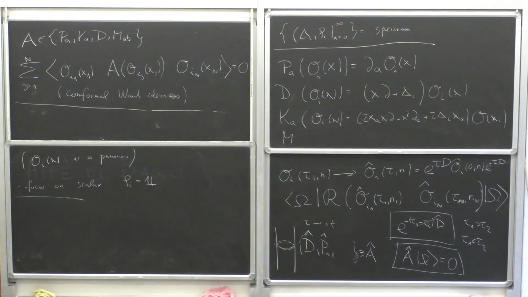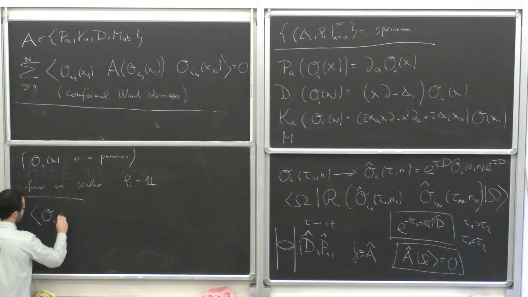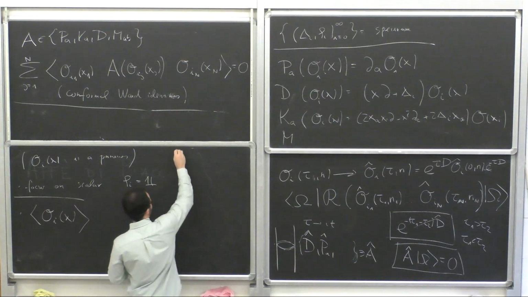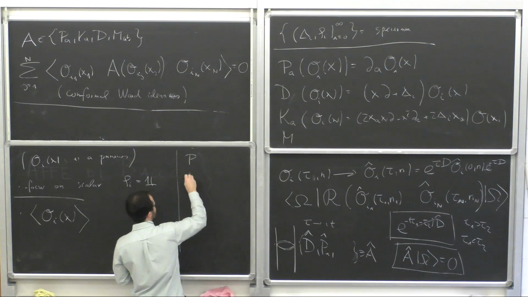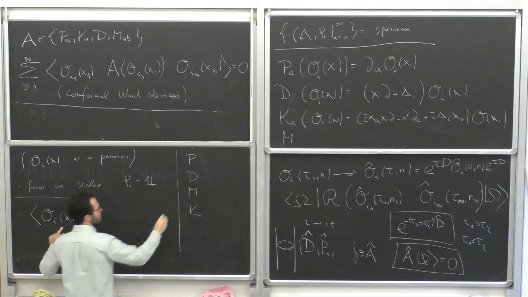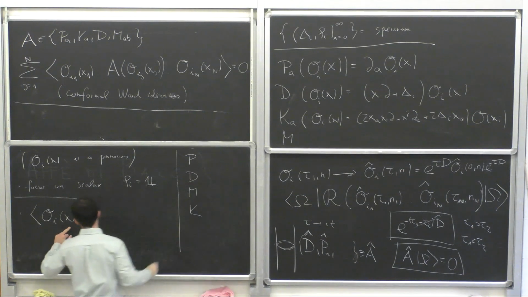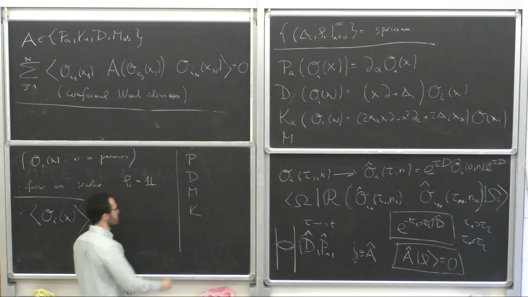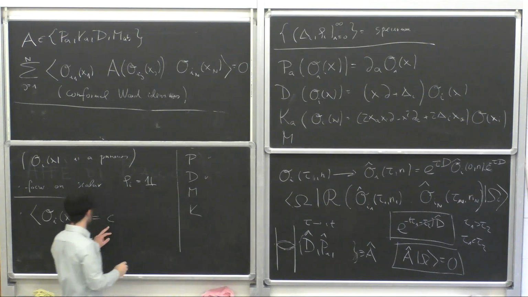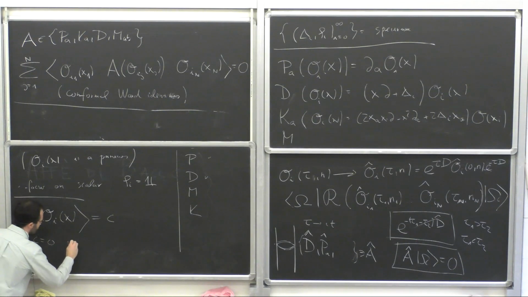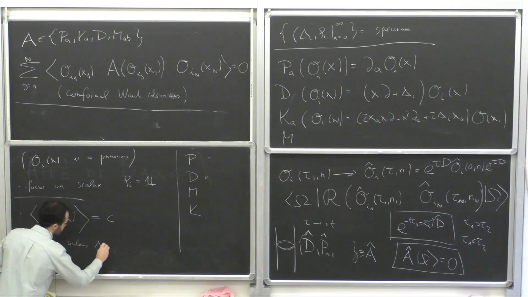Okay, so let's start. The first, of course, is the 1-point functions. So we have P, D, M, and K. If we use P, if we use this invariance, we get that it's a constant, and we already saw that if we use D, then we find that C is 0 unless delta_i is 0.